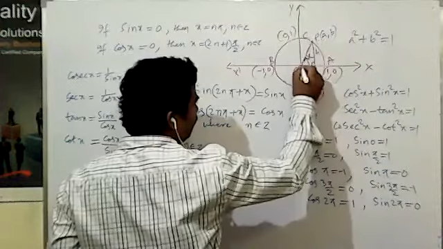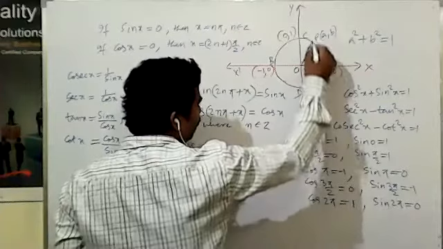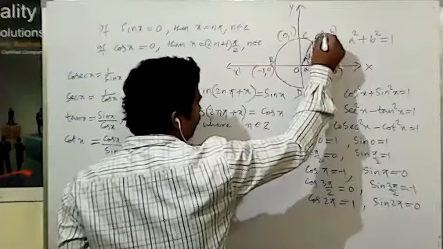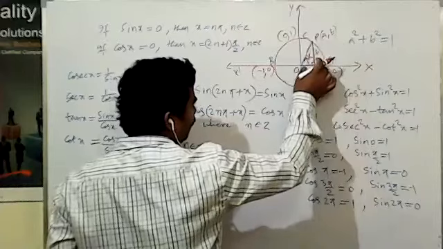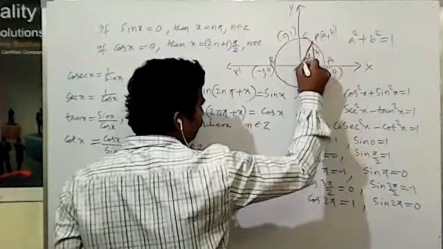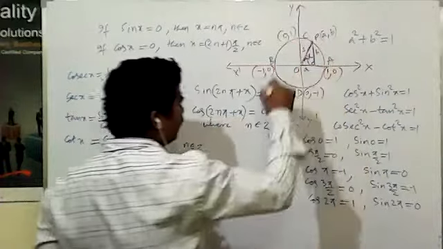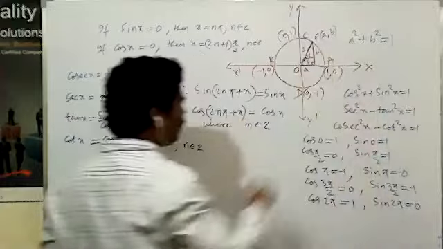This point is P. This distance is A and this distance is B. So the point P is A comma B. That's why A square plus B square is equal to 1, because this is the radius which is equal to 1 unit. All radii are the same, so A square plus B square is equal to 1.